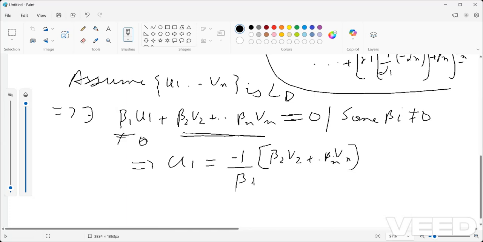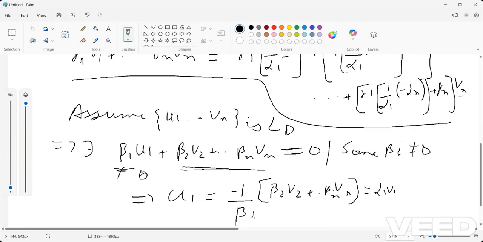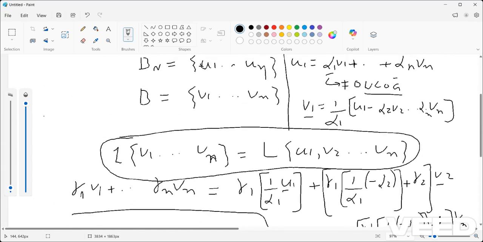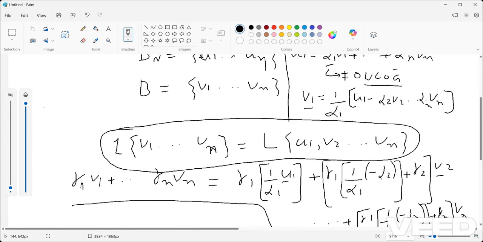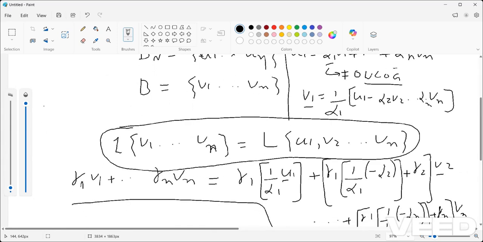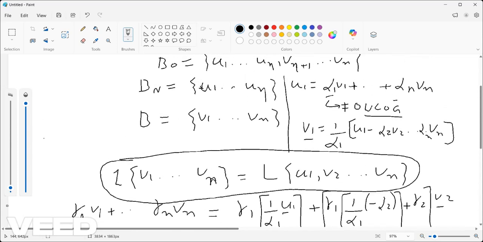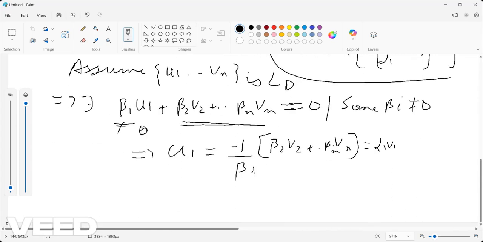But we already showed that u1 was alpha 1 v1 plus so on alpha n vn.